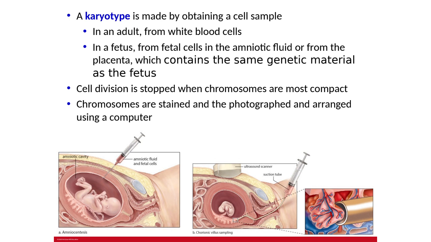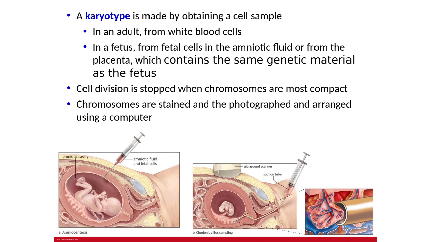There's one way to get fetal cells, which is through the amniotic fluid, which is within the amniotic cavity. So if you would just withdraw some fluid, you will get some fetal cells, and you can look at those. Another way you can do this is to obtain cells from the placenta.